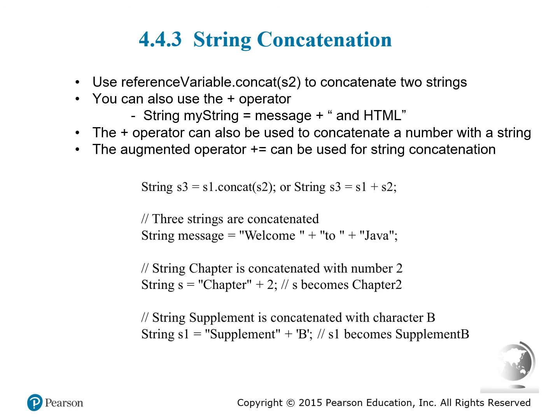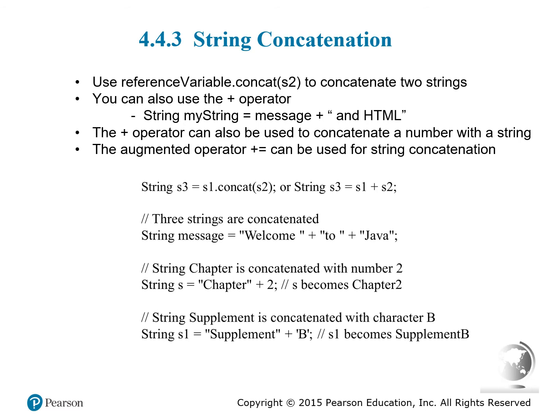Up to this point, we've used the plus sign to concatenate strings. This has allowed us to concatenate 2 or more strings. The string class also includes the instance method concat that allows us to concatenate 2 strings. You will see in the example that we can concatenate s1 and s2 and store the resulting new string in s3 using either the concat method or the plus sign.